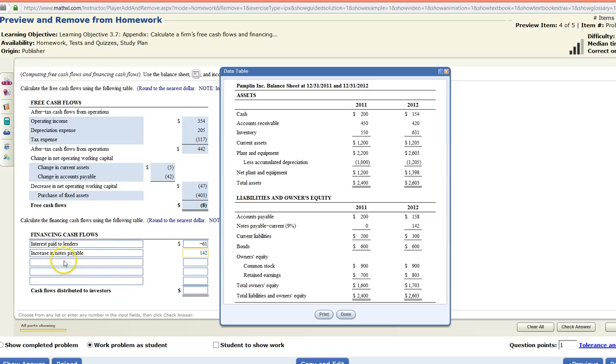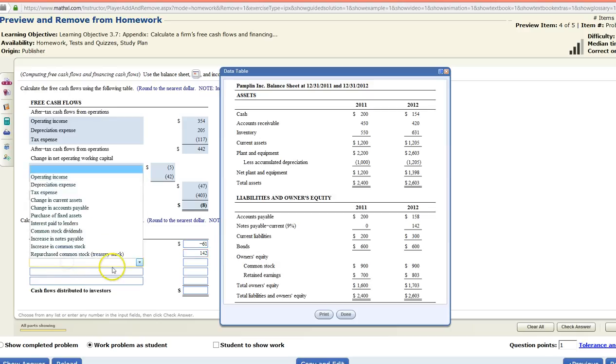Finally, we need to look at the long-term debt. Do we have any long-term debt? Yes, we do. Bonds. But look at the difference. Last year is 600. This year is also 600. So the difference is 0.